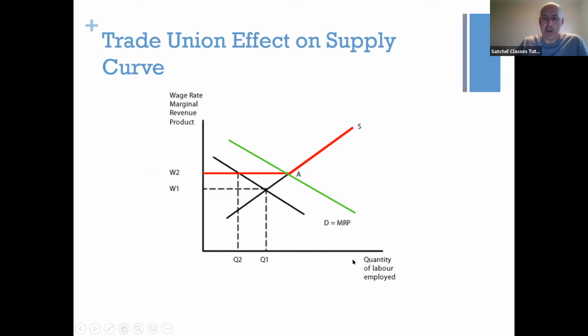I'll just do another quick line. There we go. So the suppliers would be happy, and the business employing the workers would be happy because they could employ more people, because those people are far more productive. So it's not always that a trade union will reduce the amount of people employed. It depends if they can shift that MRP curve through increased productivity.